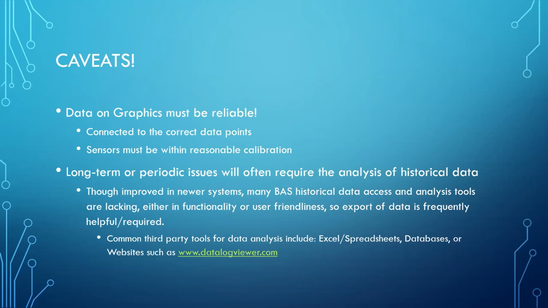A starting operator probably isn't going to do this, but it is something that needs to be done on a system on a regular basis. And if this were a long-term or periodic issue versus a spot issue like this, you would probably want to rely on your historic data or your data logs to get into that. Some systems are better than others at presenting this data.